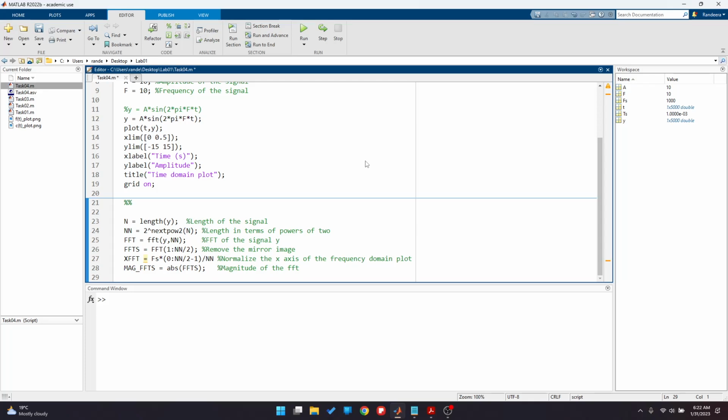So since I need this in a different plot, I will say figure, plot xfft, which is the normalized x-axis, and the magnitude. I will just directly plot this. I will only run this section.